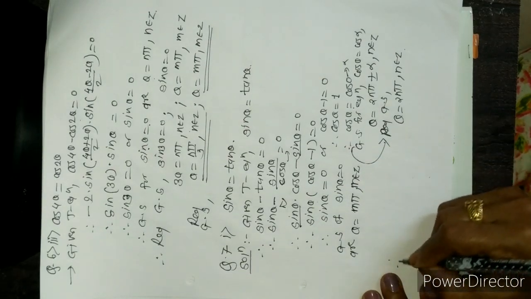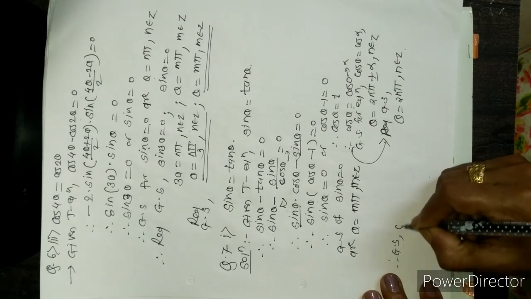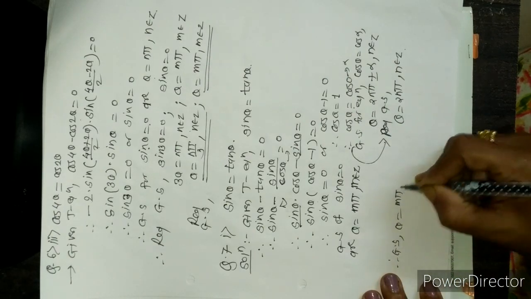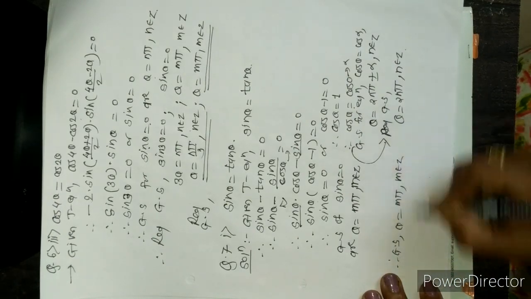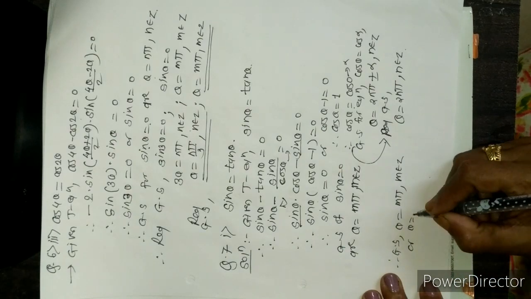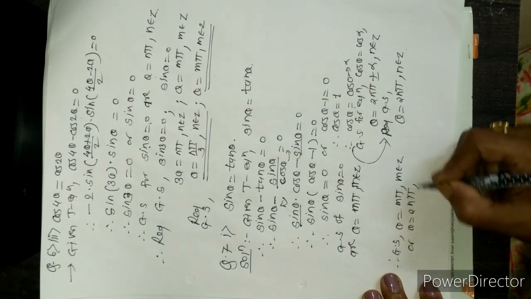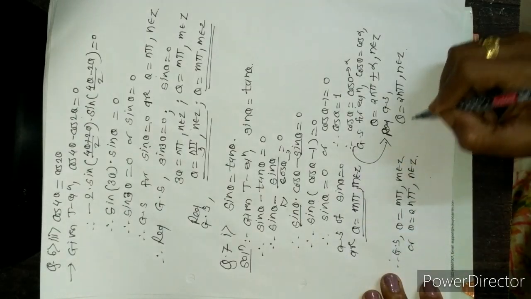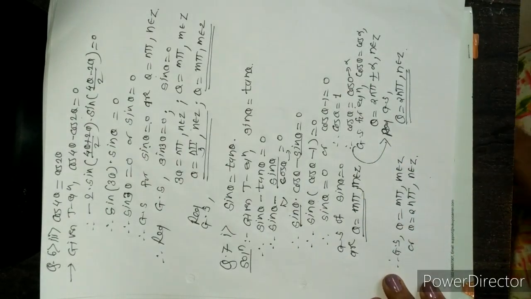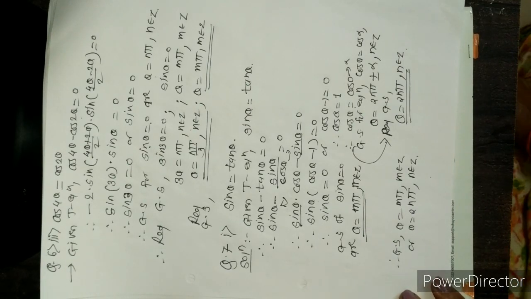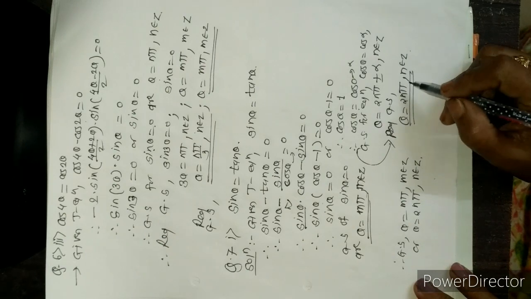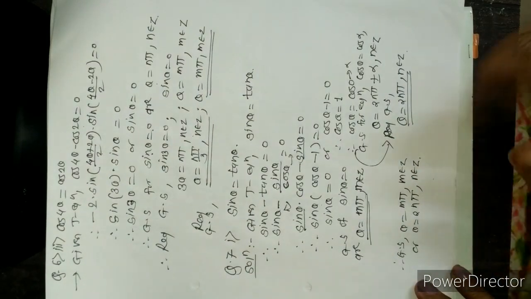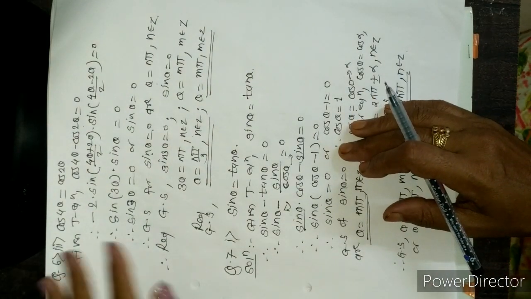So the required general solution is theta is either m pi for m belongs to Z, or theta is equal to 2n pi where n belongs to Z. Then compare these solutions and we take both solutions with parameters n and m. Here it is 2n pi plus 0; we cannot write the value of alpha, as that value is 0 here.